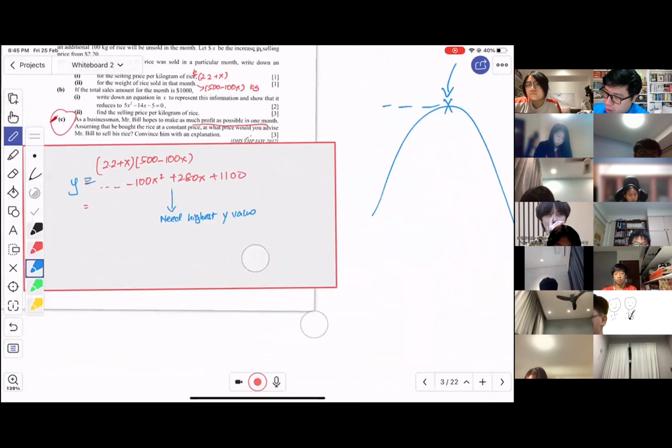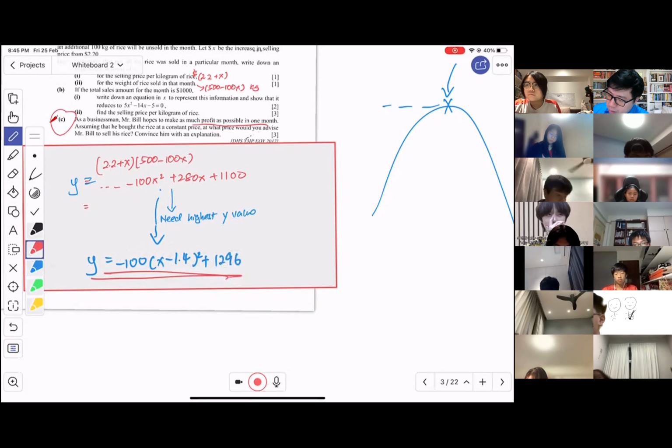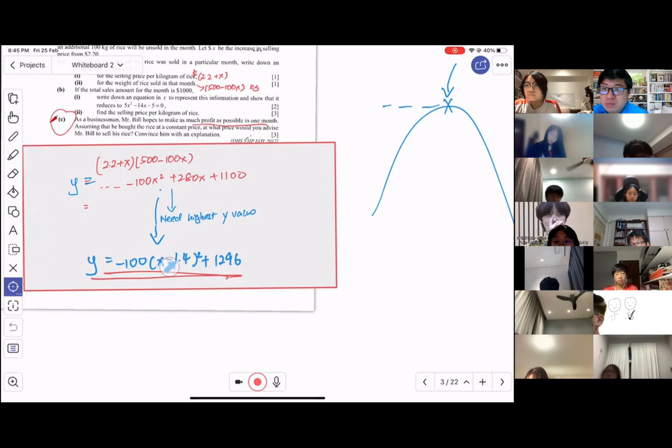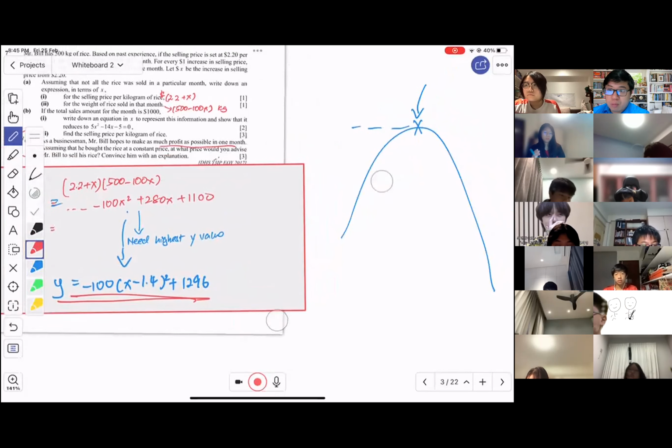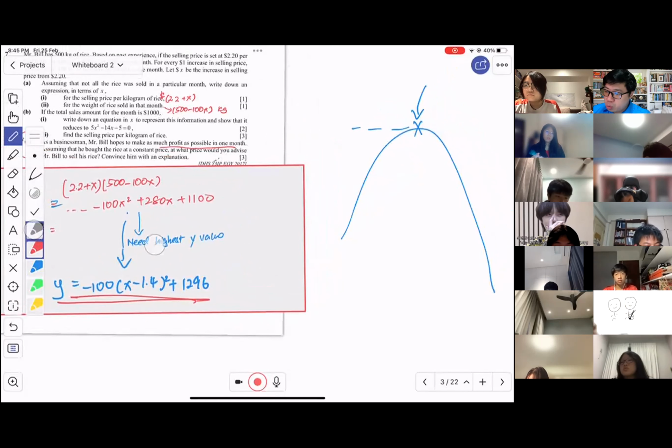So in a nutshell, what you're doing is you complete the square. You're going to find that your Y is 100. I jump a few steps because I'm quite confident you know how to complete the square, so I won't go through it. You get your final equation in this form. From your completed square knowledge, you know that this is actually 1.41296.